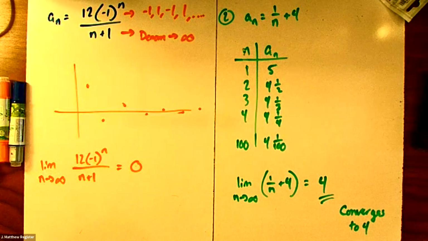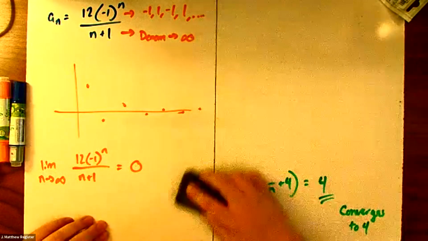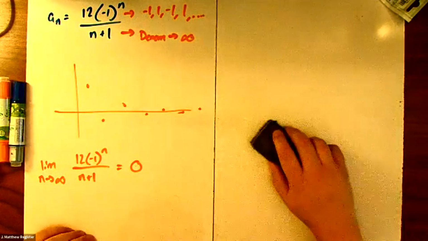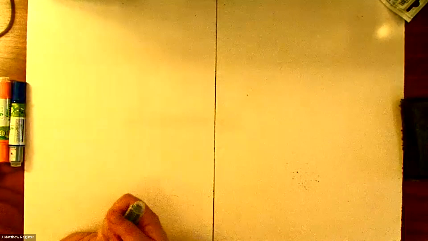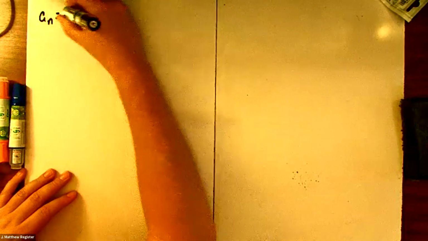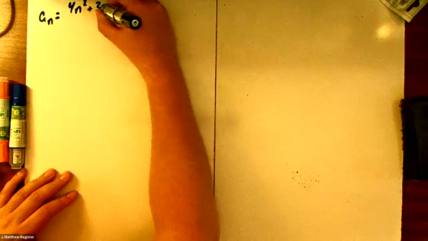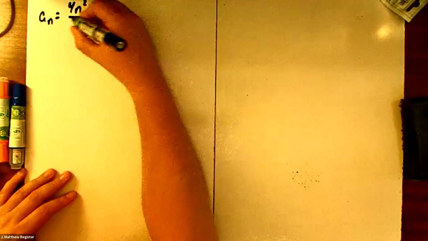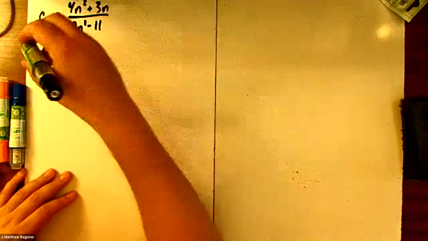The next 3 problems are very, very similar, and they're good to get practice with, just to understand again how we might dissect a sequence or a function. So let's write all 3 of these real quick. The first one is a sub n equals 4n squared plus 3n over 2n squared minus 11.